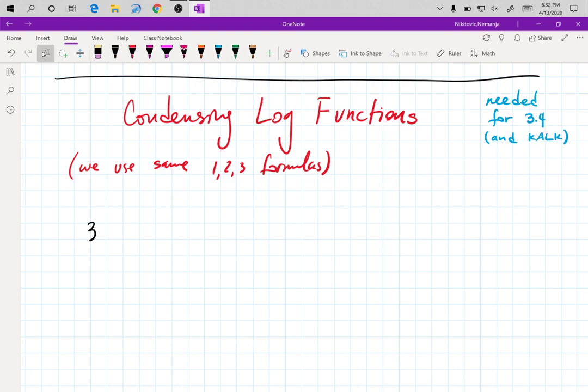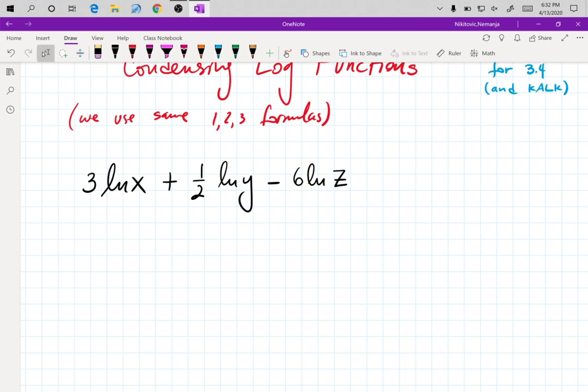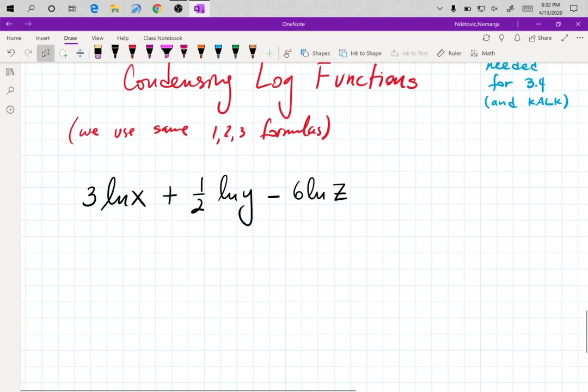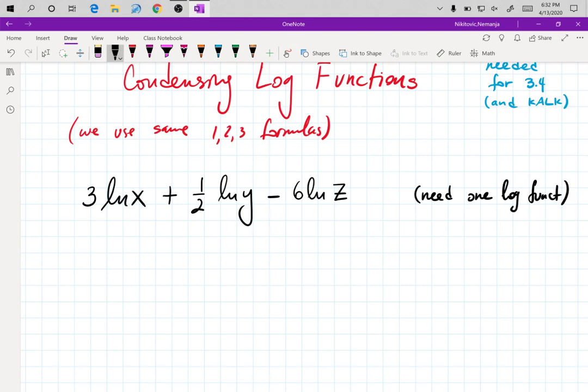So let's say you have 3 ln x plus 1/2 ln y minus 6 ln z. And you're supposed to condense this into a single log. Need 1 log function. That's what I want. That's my shopping list. All right?